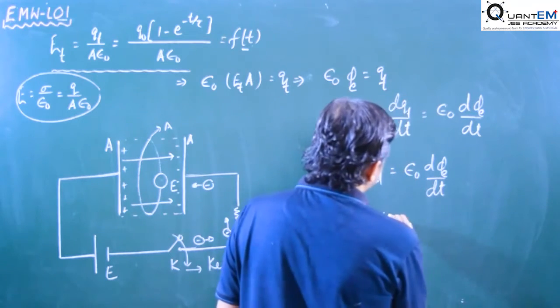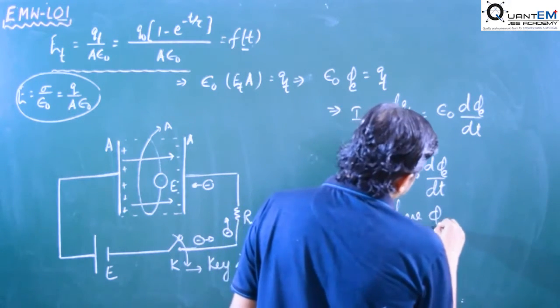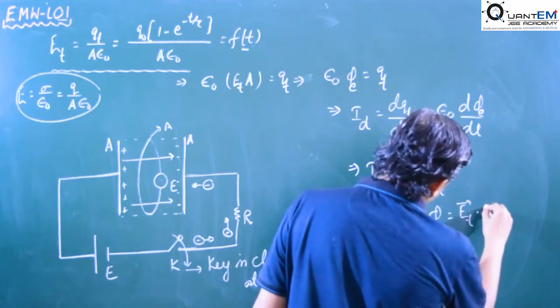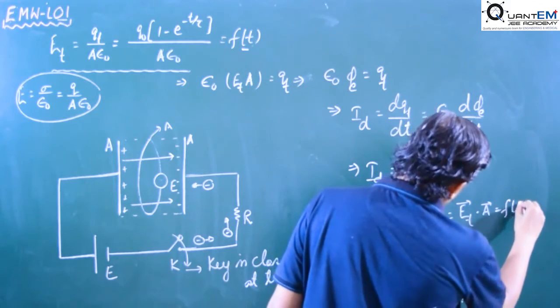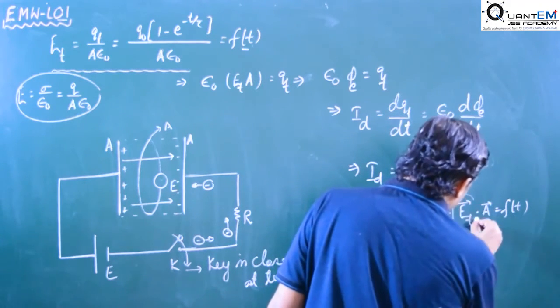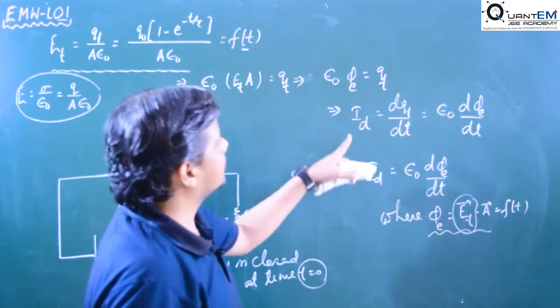Okay, where phi E is a function of time, it is the electric field at any time t into area. So the time variable electric field produces what? The displacement current.